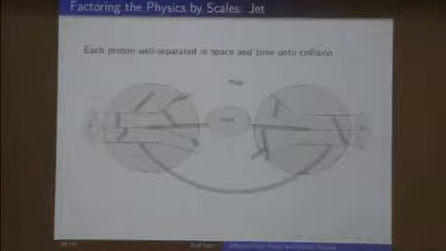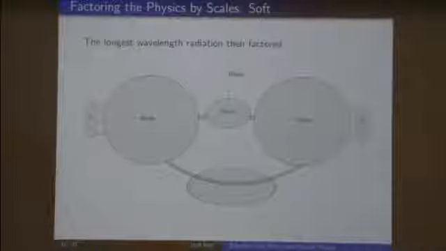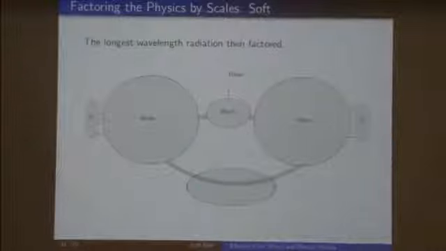And that gets lumped into a sector which I will call the beam sector, and that's been factorized away. And finally, there can be very, very low energy radiation, which I'll call soft radiation, and that's the longest wavelength radiation associated with the collision. And it gets factorized away from the beam and the hard sectors.